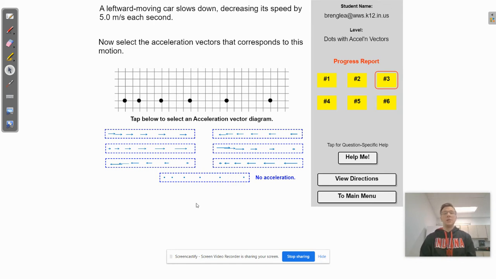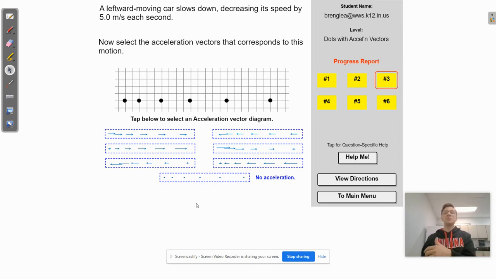Velocity is always pointed in the direction that the object is moving. Acceleration vectors are a little bit different. If the object is speeding up, your acceleration vectors will be in the same direction as the velocity or the movement. If the object is slowing down, which is the case here, your acceleration vectors must be in the opposite direction of movement.